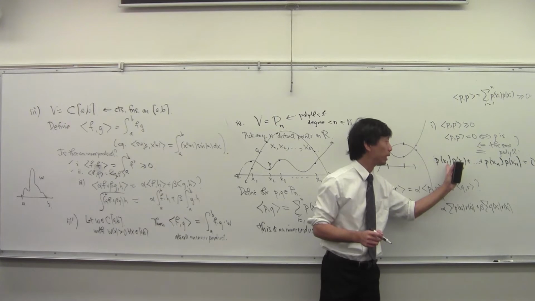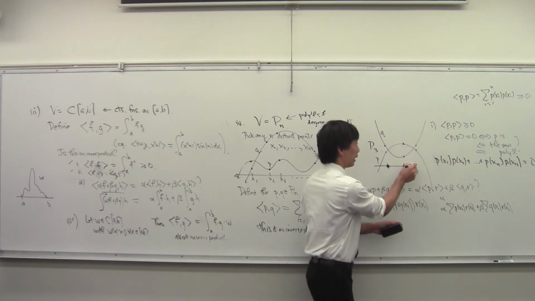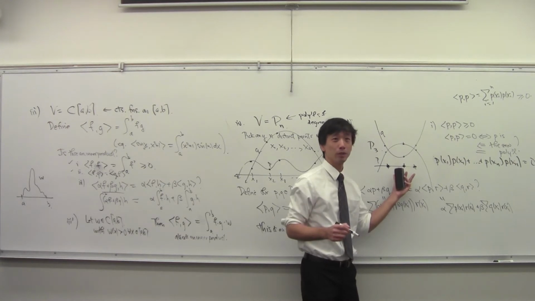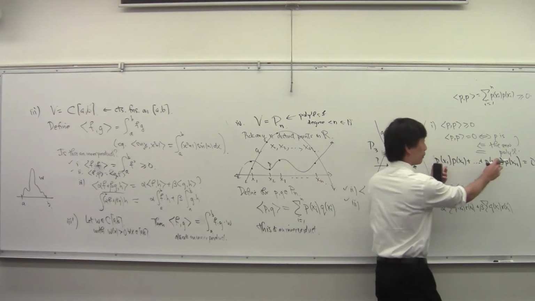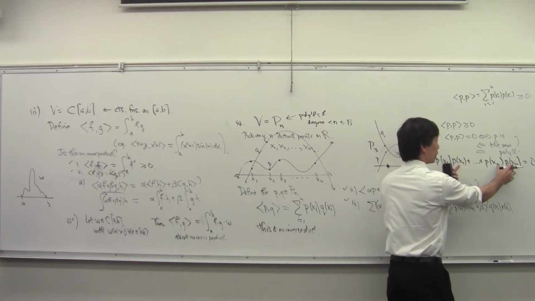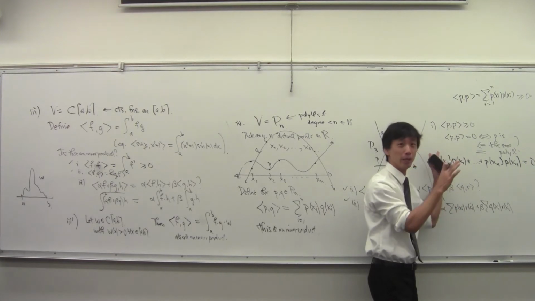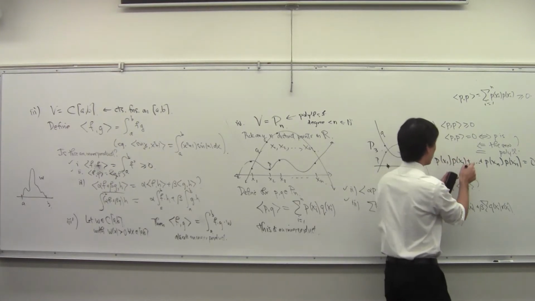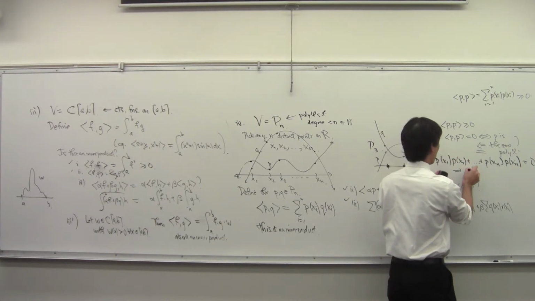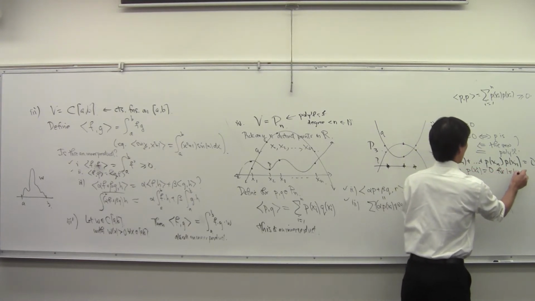That p(xi) is 0 for every i, right? That you have to be 0 at each of these points, right? Because there's no way we're going to get, these are all bigger than or equal to 0. The only way we're going to get 0 is if they're all 0, right? If anybody's bigger than 0, that's the end, right? So they all have to be 0, right? So this means that p(xi) equals 0 for i equals 1 to n.